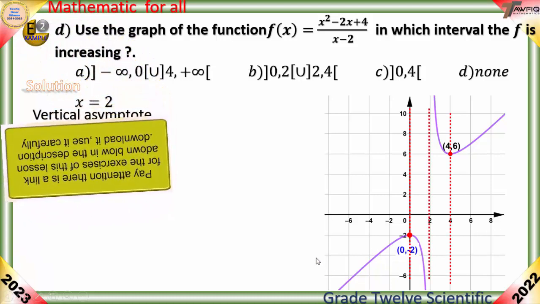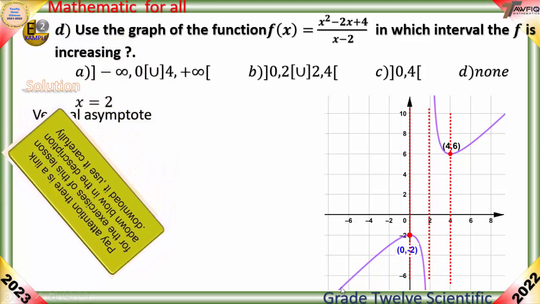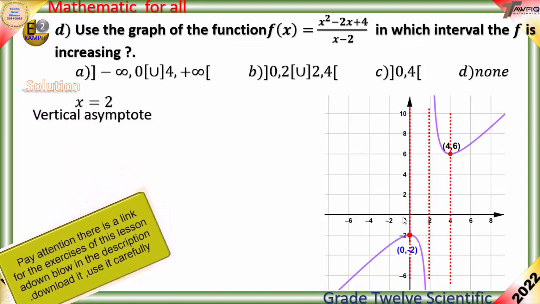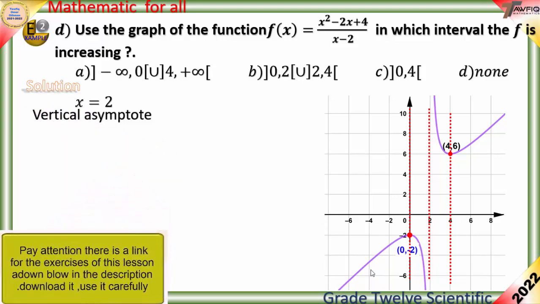And now, as you can see, on the interval from minus infinity to 0, the function is increasing. And from 0 to 2, the function is decreasing. From 2 to 4, the function is decreasing. And from 4 to positive infinity, the function is increasing too.